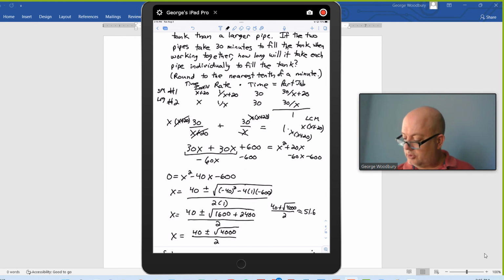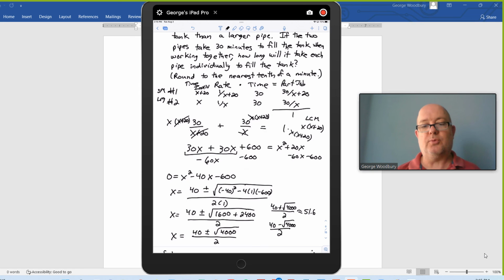Maybe the other will work too. 40 minus square root of 4,000 over 2. Now we already saw that the square root of 4,000 is over 60, so that numerator is going to be negative. You can't have negative time.